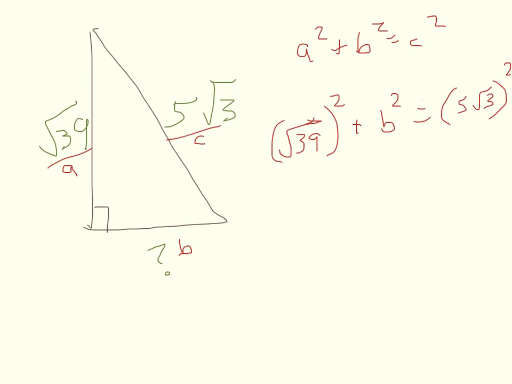So let's see if we can do this. We know the square root squared just becomes that number again, so this is just going to be an even 39. That gets rid of that really easily. Plus b squared, we don't know what that is yet. And then in order to do this one up here, we need to take the 5 and square it, and then we'll take the 3 and square that.